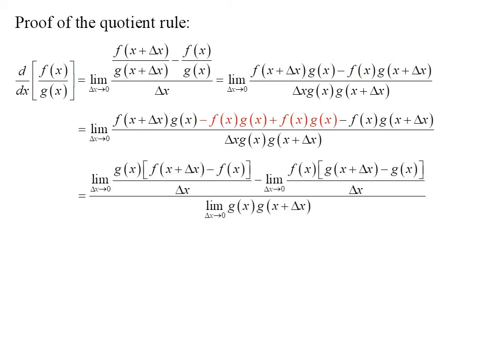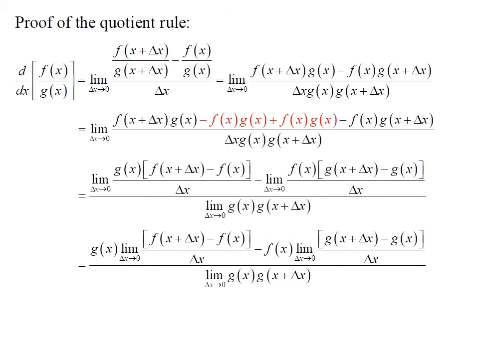Hence the expression is simplified to g(x) times the limit of [f(x + Δx) − f(x)] over Δx as Δx approaches 0, minus f(x) times the limit of [g(x + Δx) − g(x)] over Δx as Δx approaches 0, divided by the limit of g(x) times g(x + Δx) as Δx approaches 0.